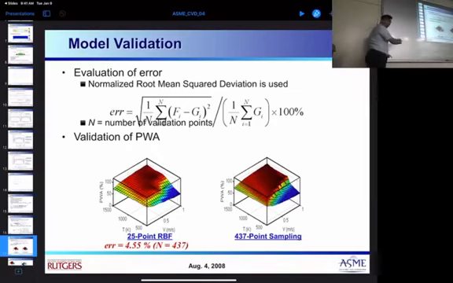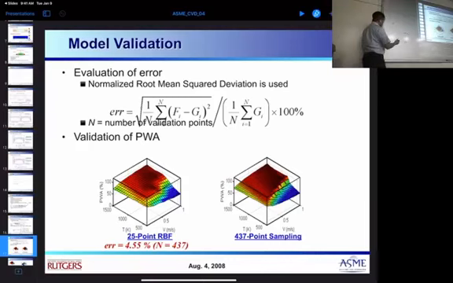Maybe I can do it here. So you have a 2D axis. You have your first variable, X1, and your second variable, X2. As an engineer, you must know what DOE is, design of experiments. Basically, you design different levels of your X1 and different levels of your X2, and then you have a bunch of combinations. You could test all the combinations, or you could just test some of them.